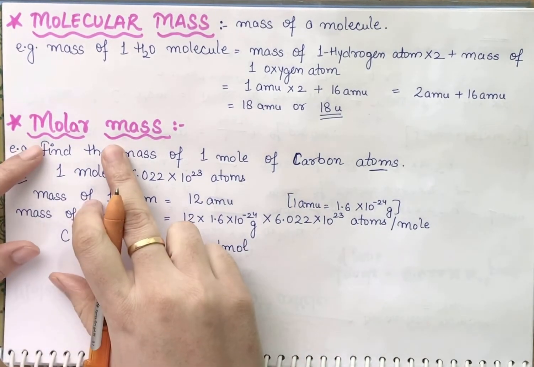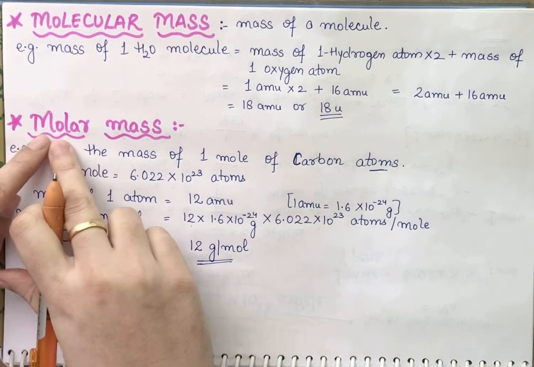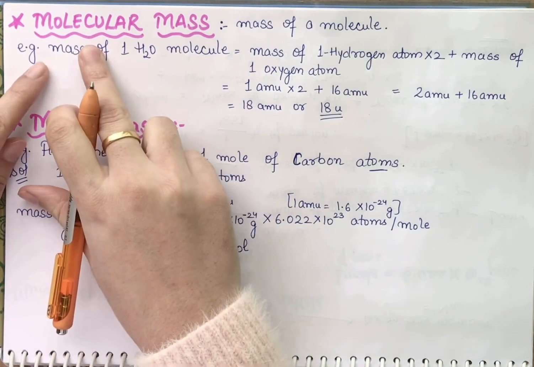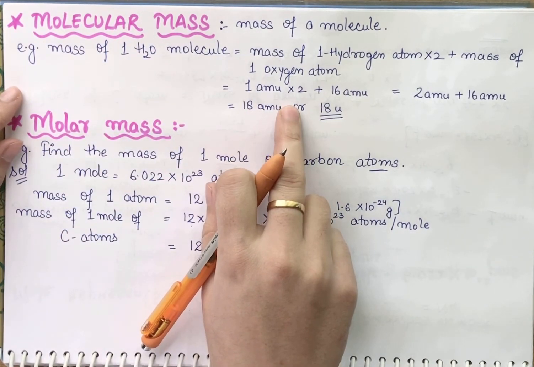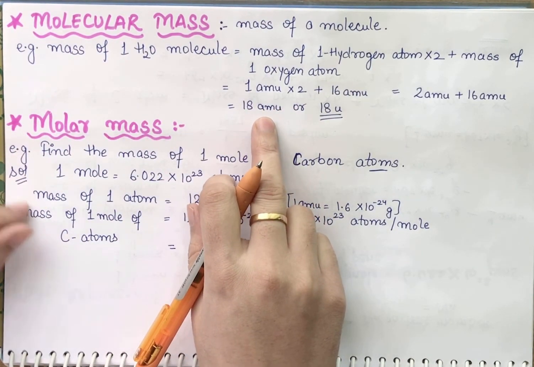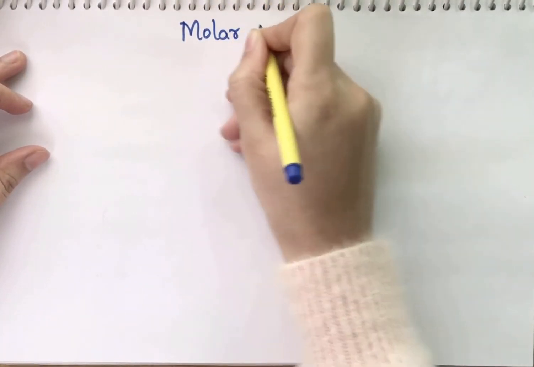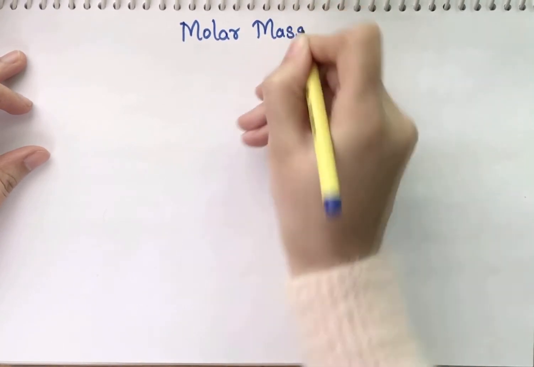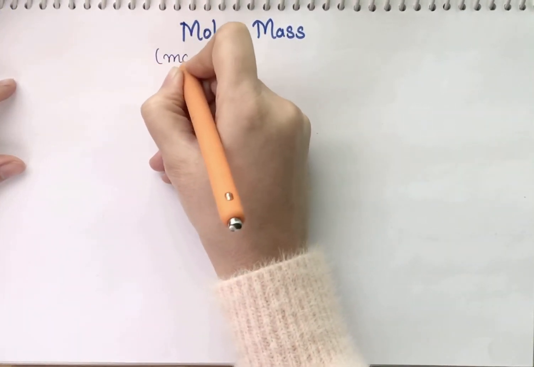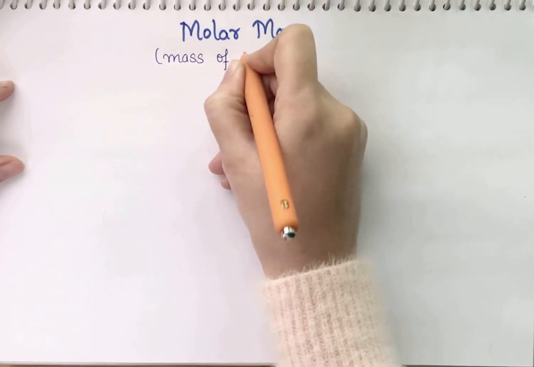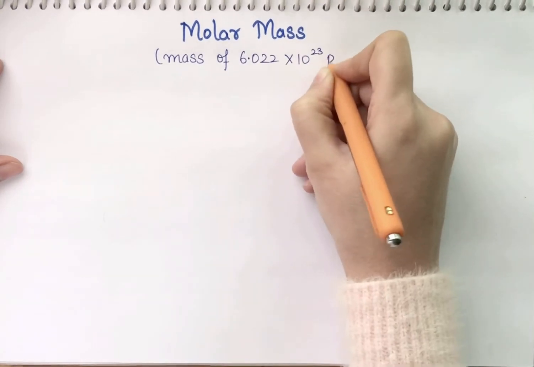Okay, if I want to find the mass of 1 mole of carbon atoms, I'll denote it with molar mass, right? If I want to find the mass of 1 molecule, it will be molecular mass, and if I want to find the mass of 1 atom, it will be atomic mass, right? Molar mass is none other than the mass of 6.022 into 10 raised to power 23 particles.